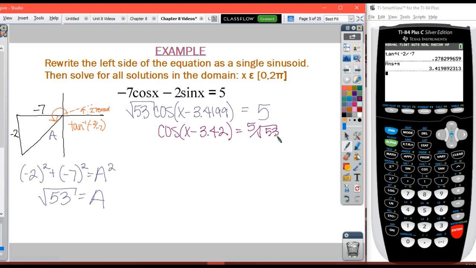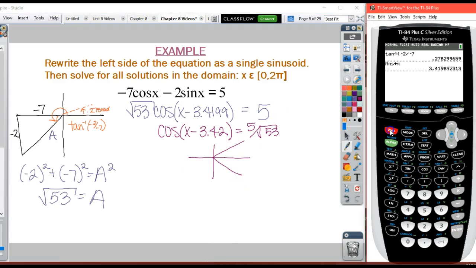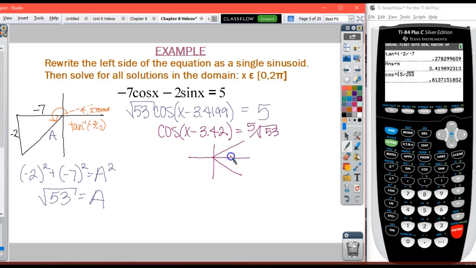So next, I need to take the cosine inverse and find at what angles it will equal this ratio. When I take the cosine inverse of 5 over the square root of 53, I'm going to get one of the answers, which is 0.8137 radians, where with cosine, if I know one answer, I know that the negative of that will also be a solution.